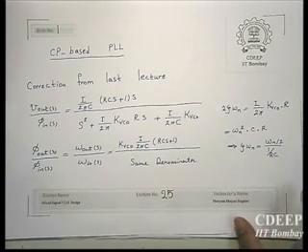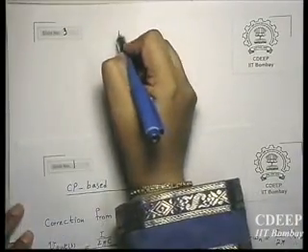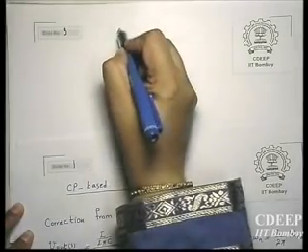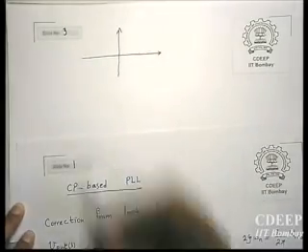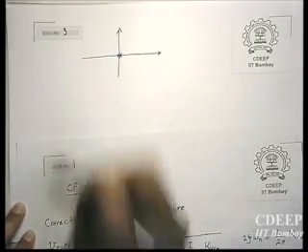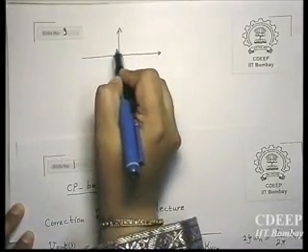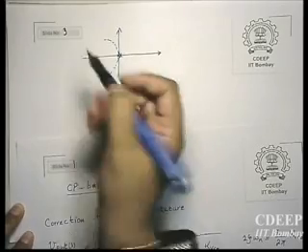Now how will be the location of the poles of this transfer function? It has a double pole at 0. Now if you increase zeta omega n, poles become imaginary.